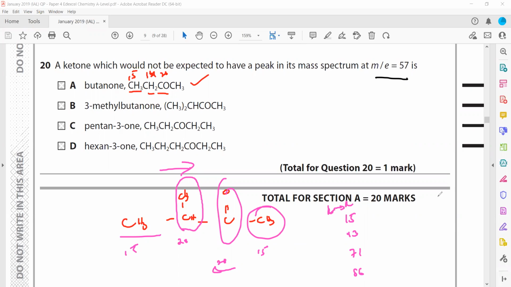And then from right to left, 15 will be there, 43 will be there, 71 will be there, and 86. So we don't get a peak at 57. So B will be the right answer. For C, this is 15, 14, 28, so 15 for that will be 57. Here also 15, 14, and 28. So there will be a peak when we read from right to left. So this will get the peak, but B cannot give the peak at 57.